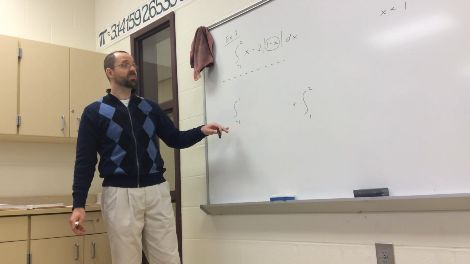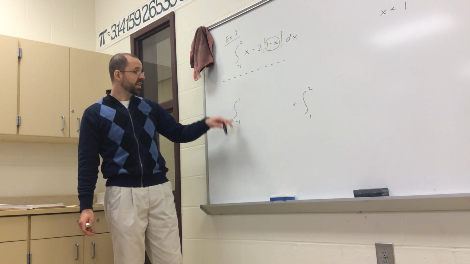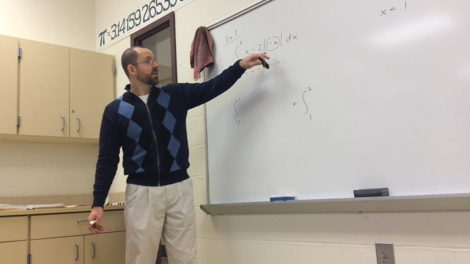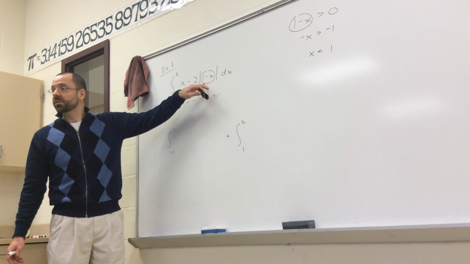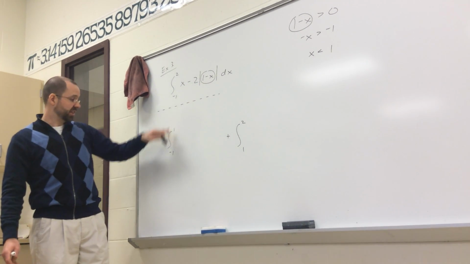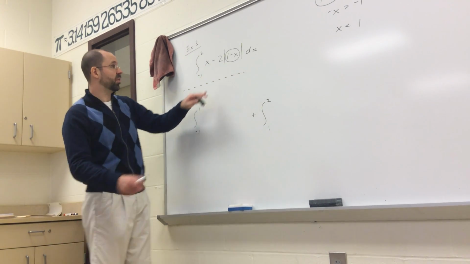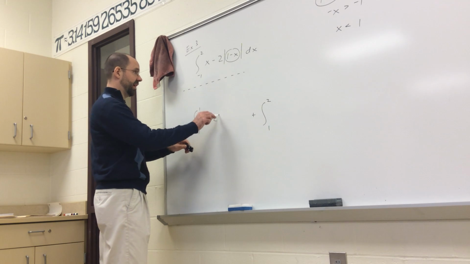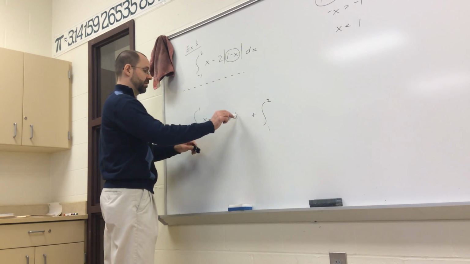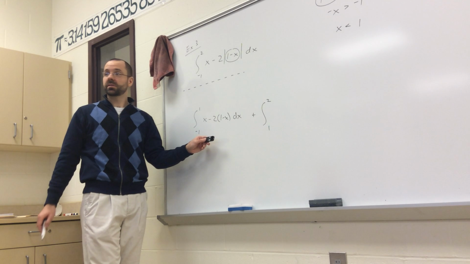So the reason I split it up like that is because from -1 to 1, that mess is positive. Because all of those x's are less than 1. So for this part, I don't even need the absolute value signs. I can just drop them.